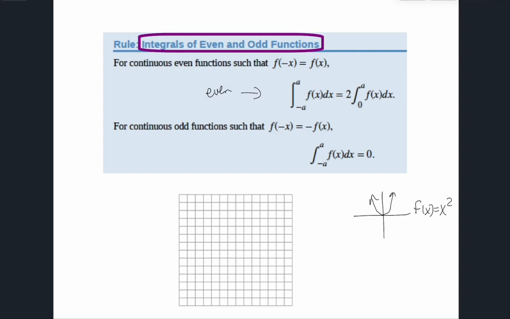F of x equals x squared is an even function. If I am integrating from -1 to 1 of f of x equals x squared, that is the same as 2 times the integral from 0 to 1.